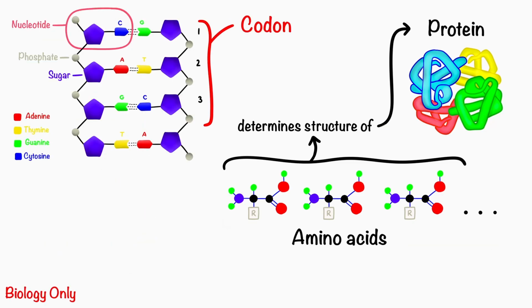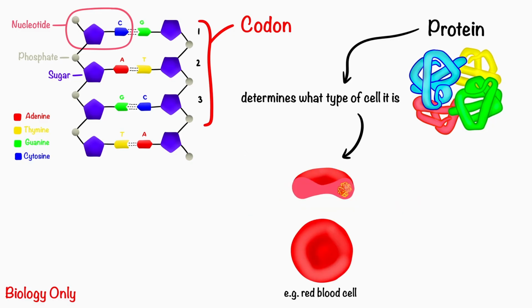Each amino acid is coded for by a sequence of three bases in the gene. This three-base sequence is often called a codon. The amino acids are joined together to make various proteins depending on the order of the gene's bases. This in turn determines what type of cell it is, like a red blood cell. It's the order of bases in a gene that decides the order of amino acids in a protein.